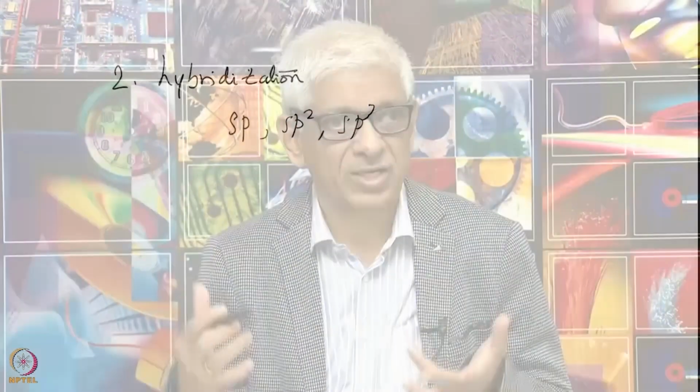I will now also show the next one, which is the hybridization. Hybridization means what kind of hybridization do you have in your molecules? You have 3 kinds of hybridization, sp, sp2, sp3. Of course, in higher elements you may also have dsp2, dsp3 and so on, but we are not concerned about those, which occur in transition metal elements.